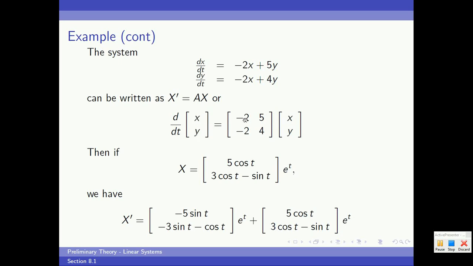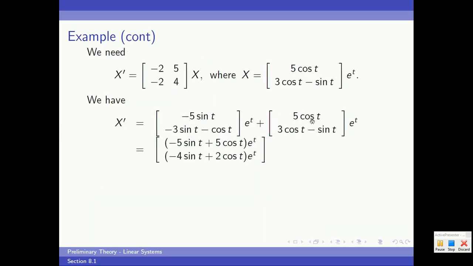So now I need to see what the right-hand side looks like. Here we need this to be true, where x is equal to this. We already know that x prime is equal to this. This was what was on the previous slide. All I'm doing here is just rewriting it as one term.